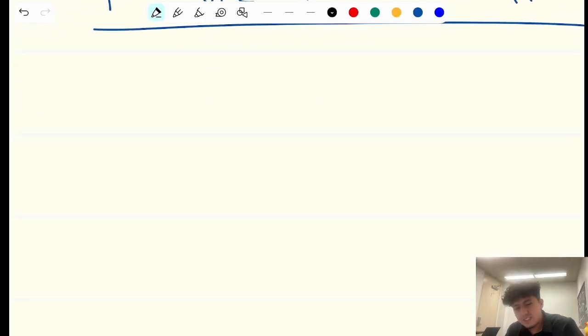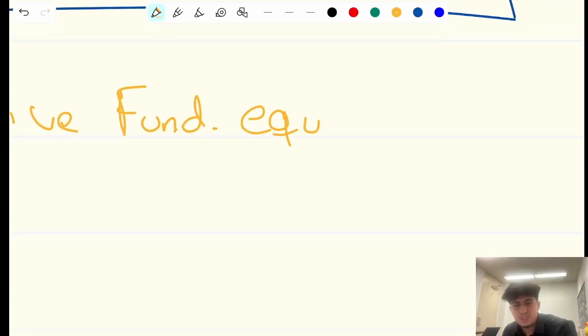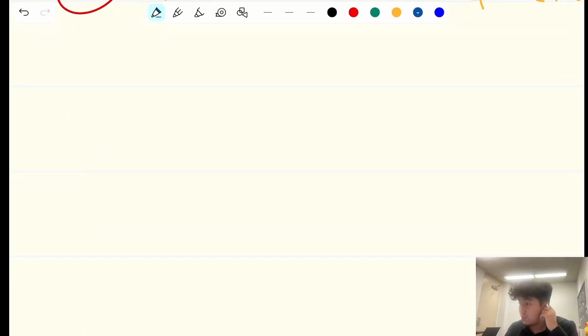Okay, so we want to simplify our equations more. So the goal here is going to be to derive fundamental equations for a relativistic string. And the way we're going to do simplifications is, we already parameterized the string using the tangent sigma parameterization.